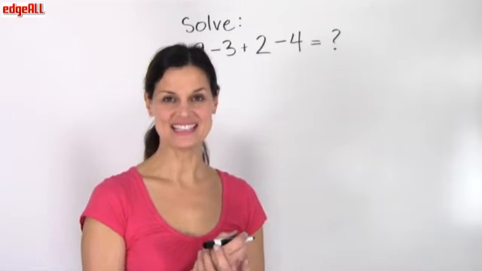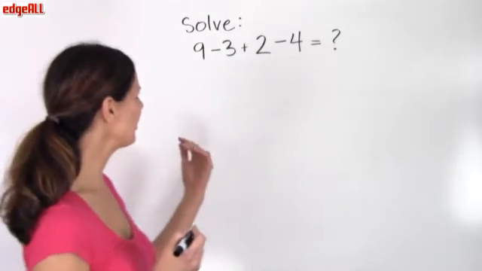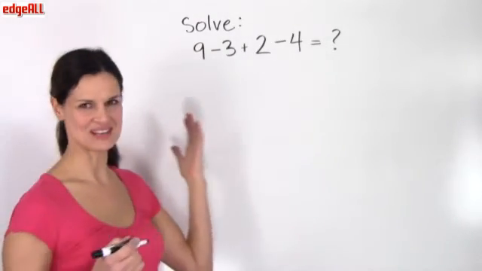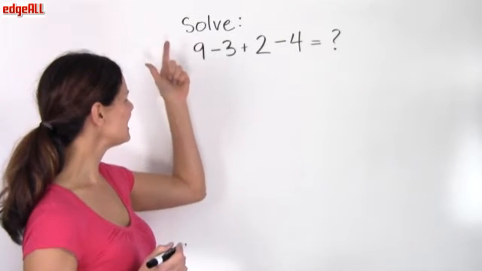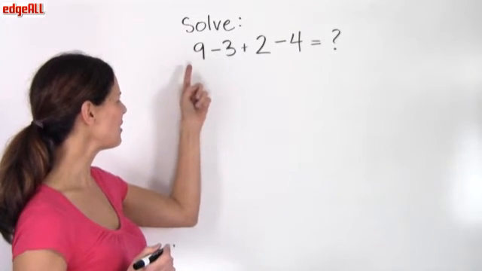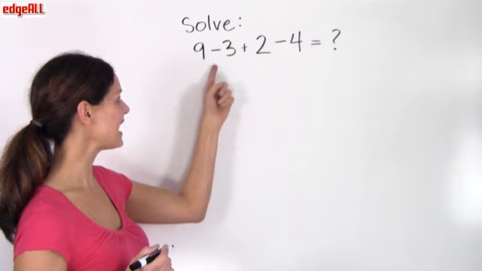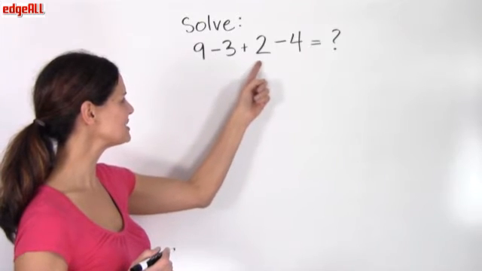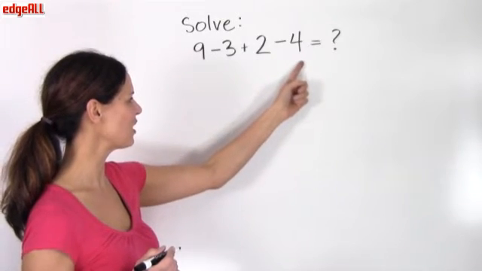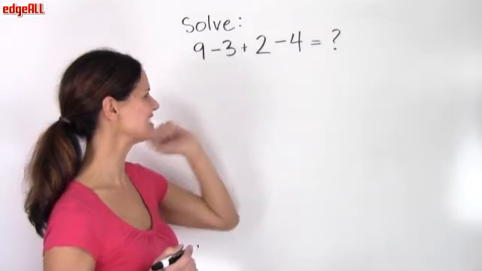Let's look at an example that's a little bit more complex than the one we just did. So we are needing to solve this problem. 9 minus 3 plus 2 minus 4 equals what?